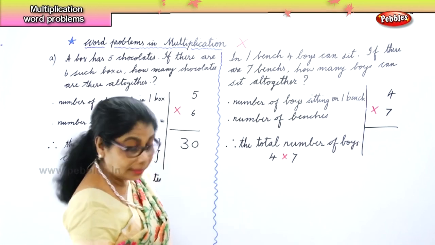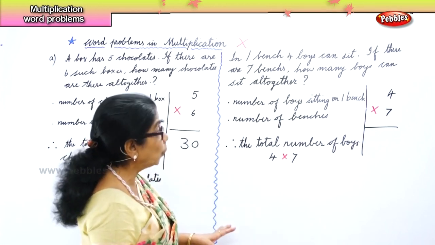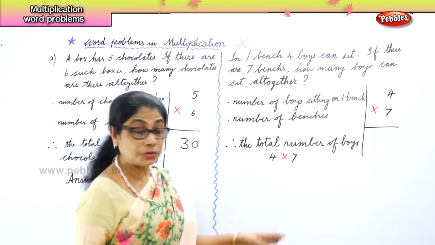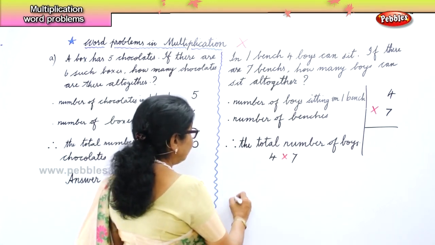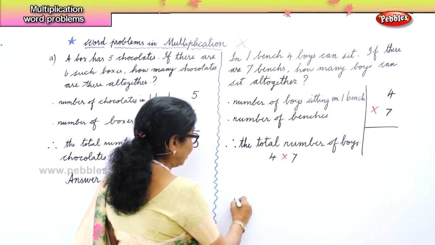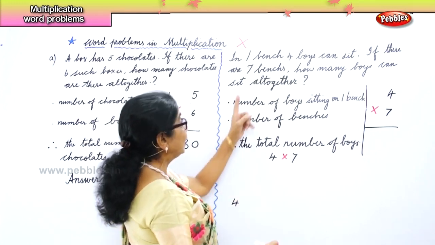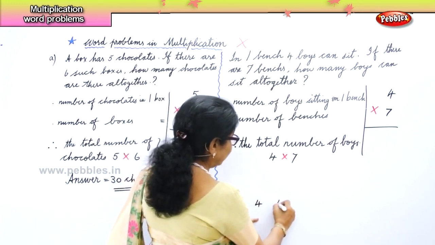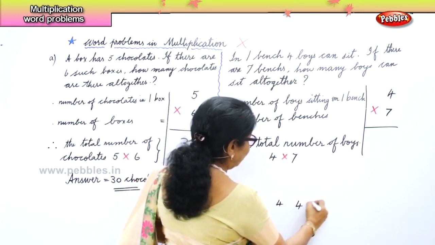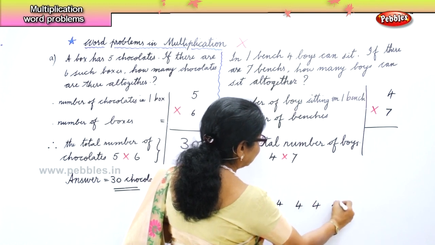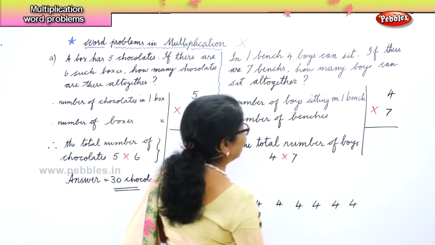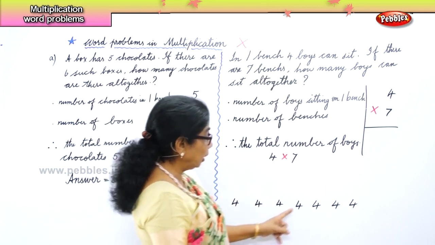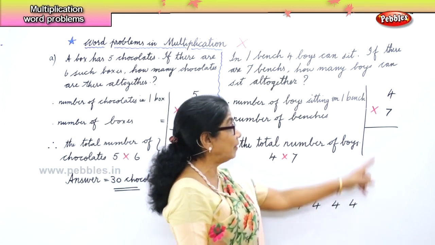How many boys are there in one bench? 4. Now, how many benches are there? 7 benches. 1, 2, 3, 4, 5, 6, 7.